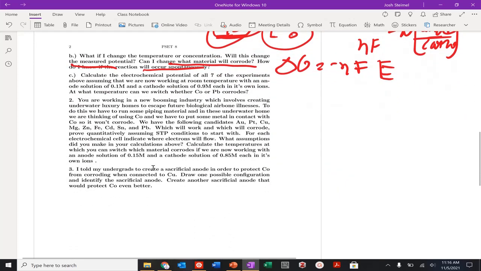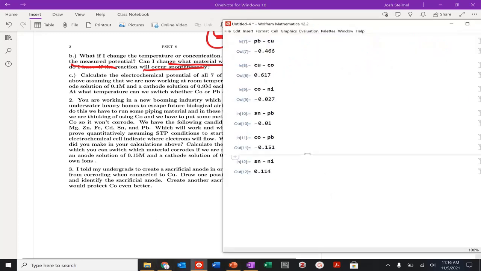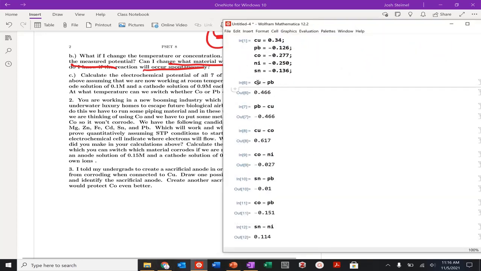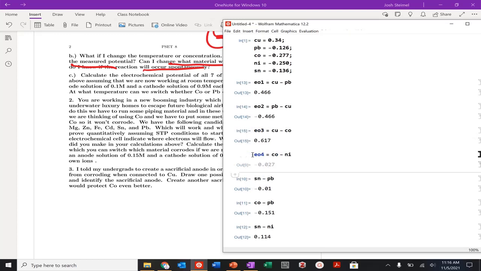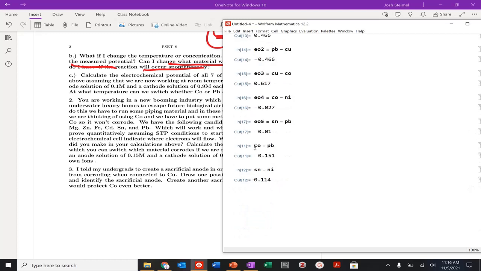All right, calculate the electrochemical potential of all 7 experiments. If we are now working at room temperature, so let's go ahead and start to solve this. I'm going to call this E01, E02, E03, E04, E05, E06, and E07.